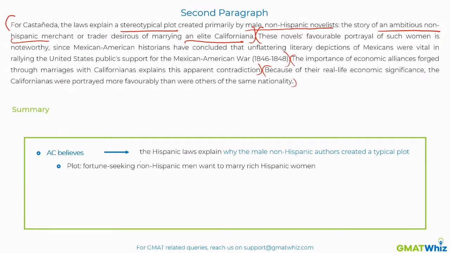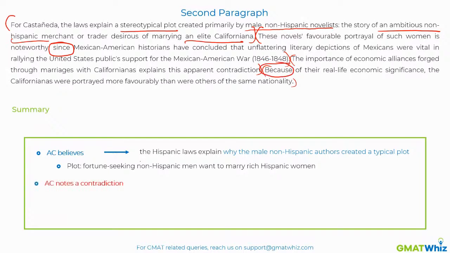These novels' favorable portrayal of such women is noteworthy. Now, whenever you notice the author's opinion, always sit up and notice it. So, here the author is saying the fact that these rich Californianas were portrayed favorably is worth noting. Why? Why is explained later down the line.